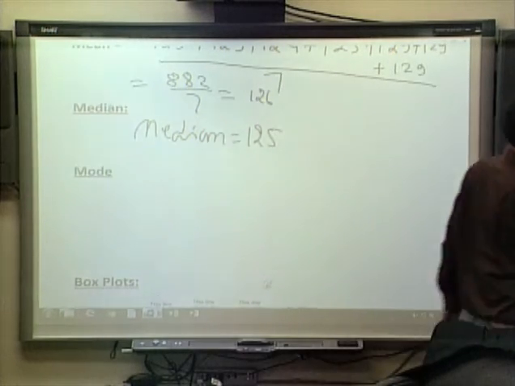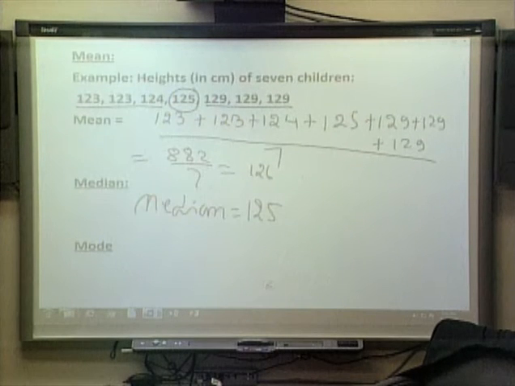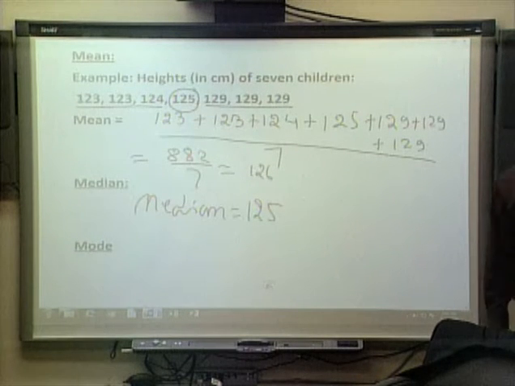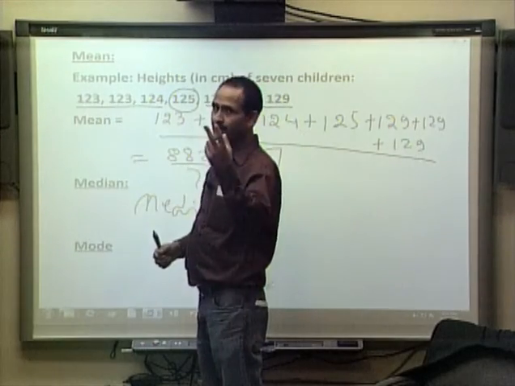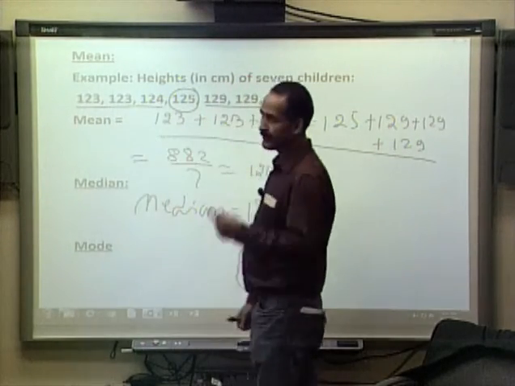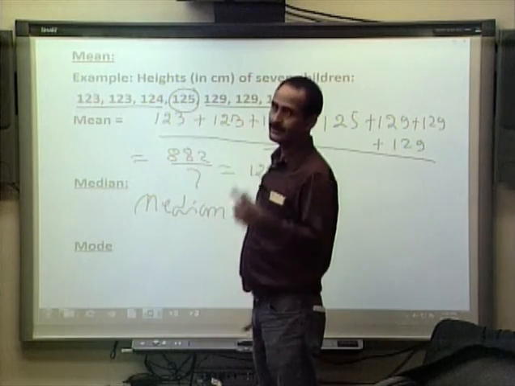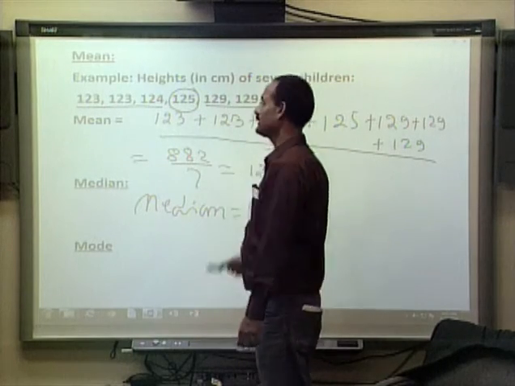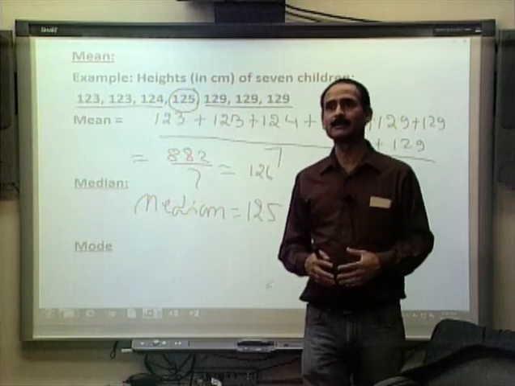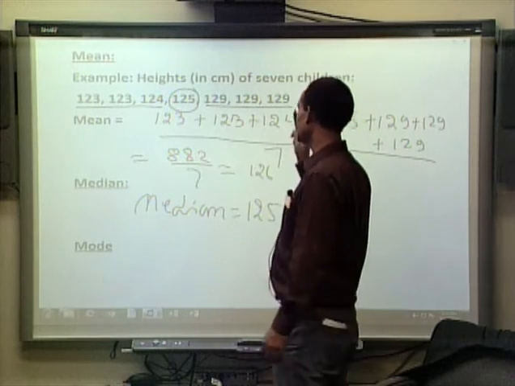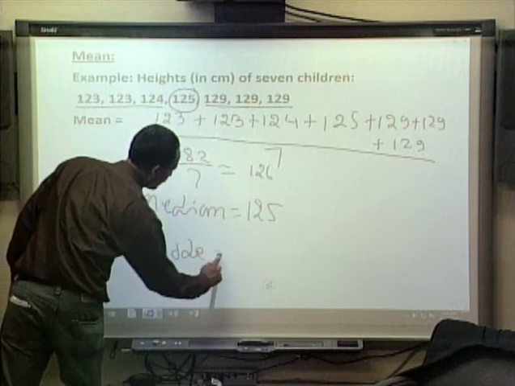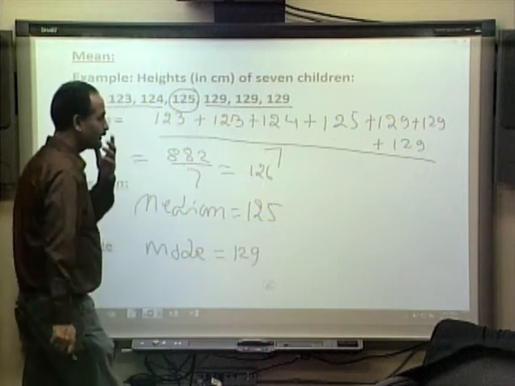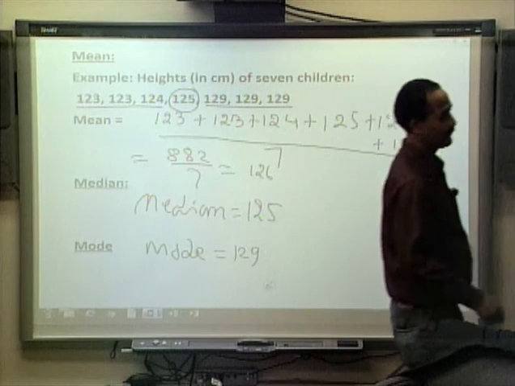So, if we look at our example, 123 is repeating twice, 124 is only once, 125 is only once, 129 appears three times. So, 129 is repeating 3 times. So, for this example, the mode equals 129.